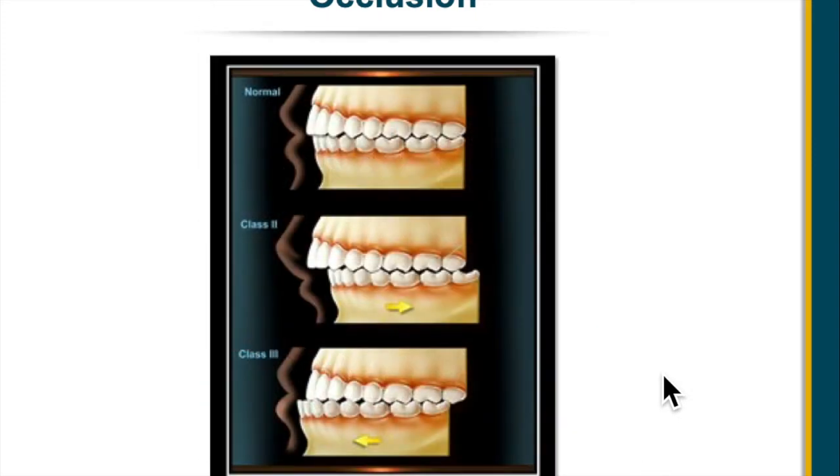So here's looking at it from the side. The top would be normal occlusion. The bottom is considered class 2, and then, the middle is considered class 2. The bottom, where the lower teeth are way out in front, that's considered class 3.